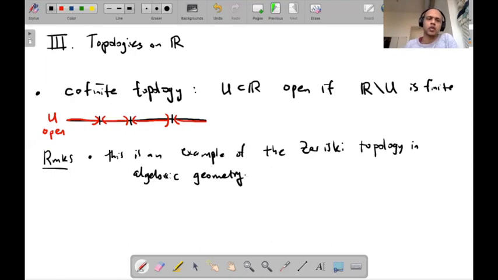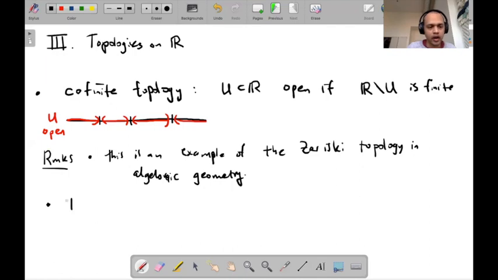The connection is, if you look at a polynomial on R, it has finitely many roots. And the complement of such a finite set, the zero set of a polynomial, is an open set in the Zariski topology. This is just meant to be a side comment. This is an interesting topology in algebraic geometry, a particular instance of it.